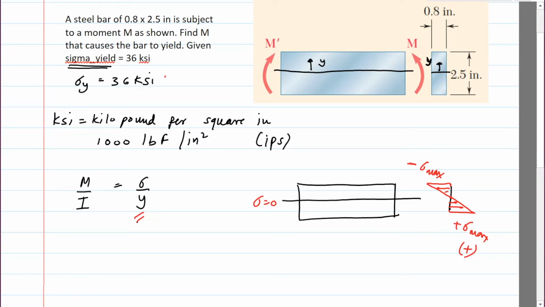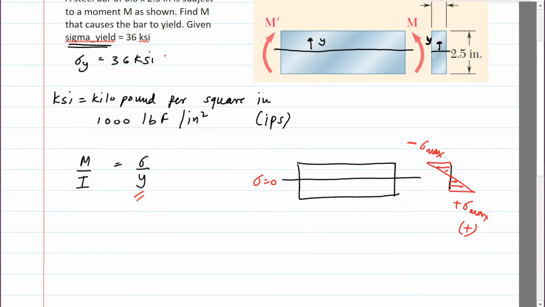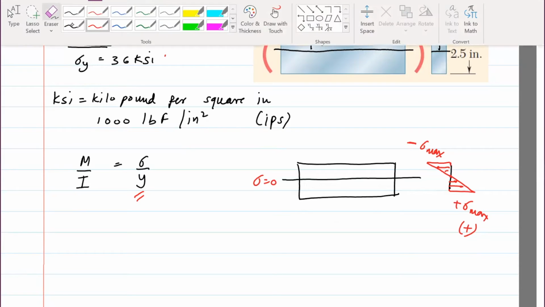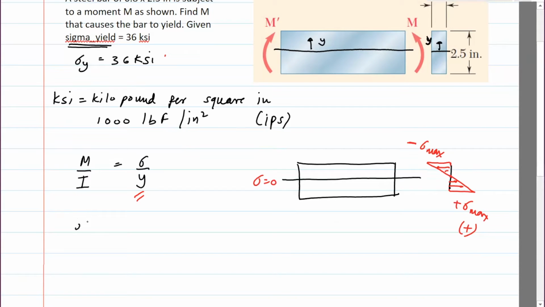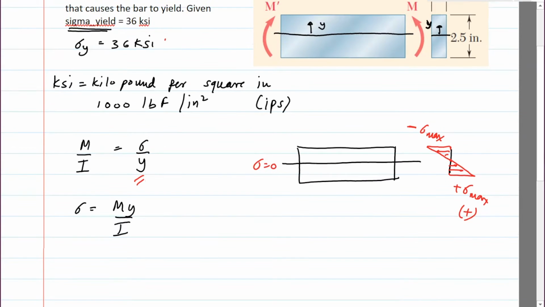Maybe a better way to write this is sigma equals My divided by I. So sigma reaches a maximum value when y reaches a maximum value, and sigma is 0 when y equals 0. You can see that from that expression.